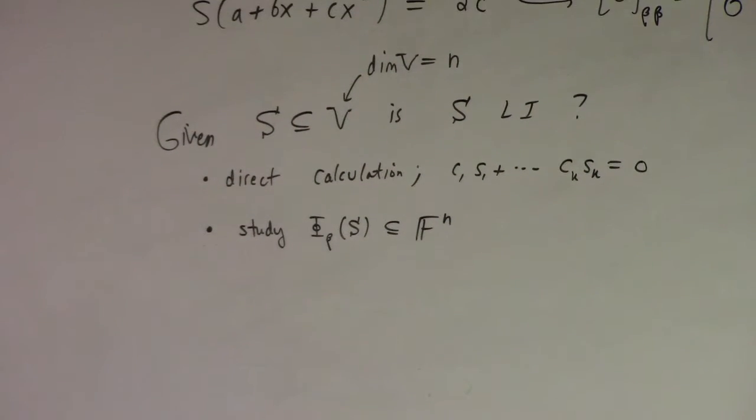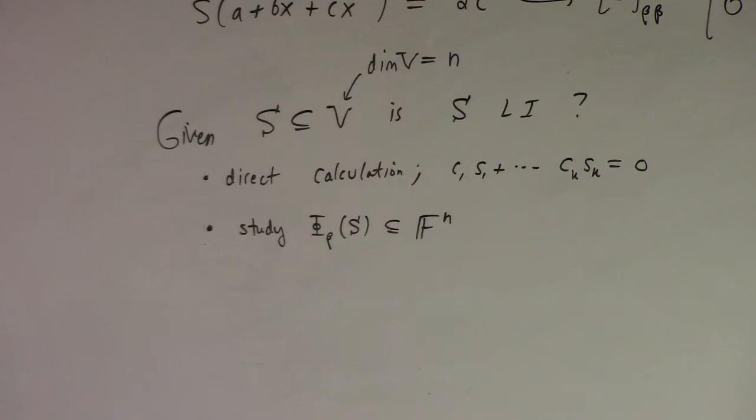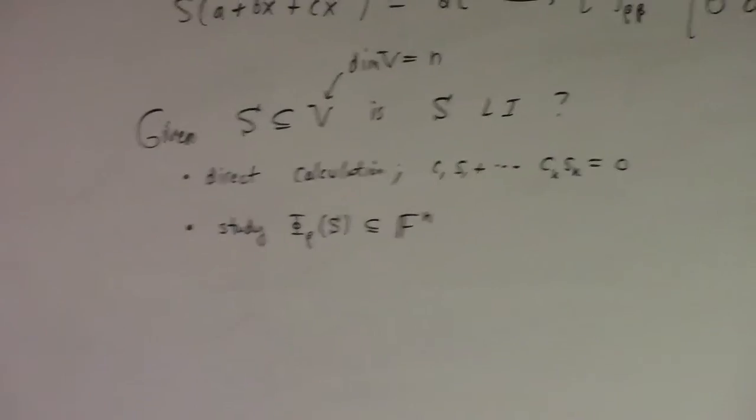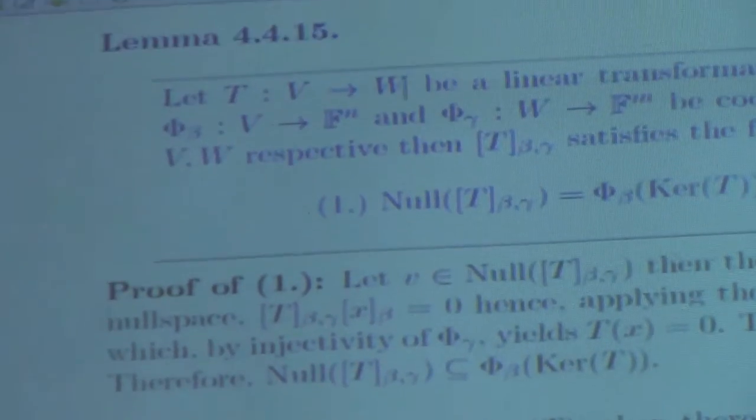You can then study whether those coordinate vectors are linearly independent or not. If they're linearly independent, guess what? The corresponding set of abstract vectors is linearly independent, and vice versa. I know that linear independence and linear dependence is preserved by the coordinate mapping because the coordinate mapping is an isomorphism, which is not just a linear transformation, it's a linear transformation which is one-to-one and onto.